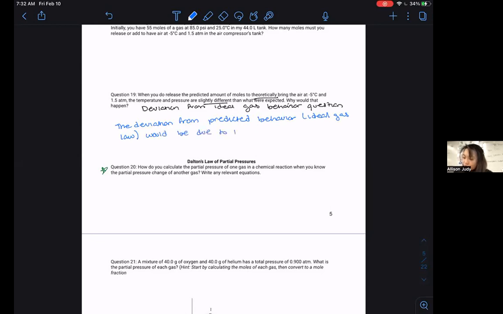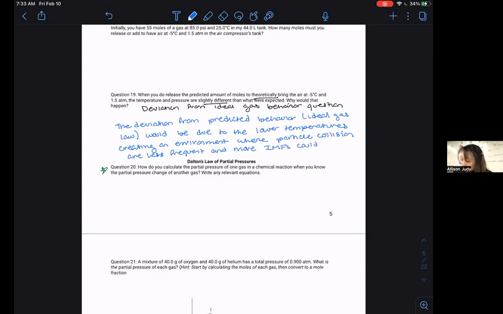due to the lower temperatures creating an environment where particle collisions are less frequent, which would impact the pressure, and more IMFs could be experienced, right?